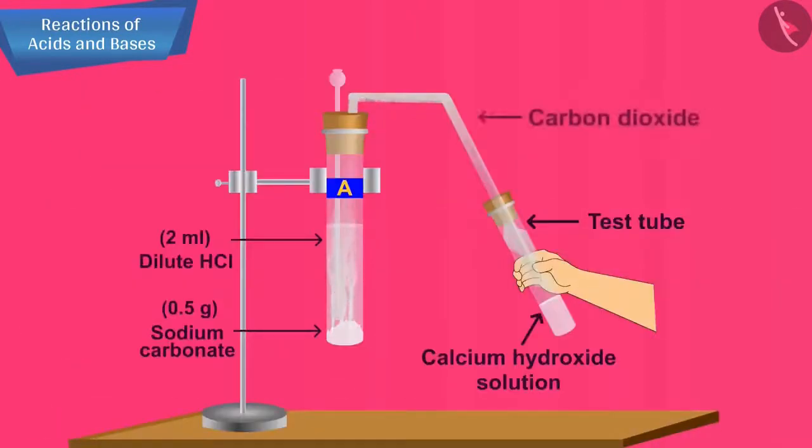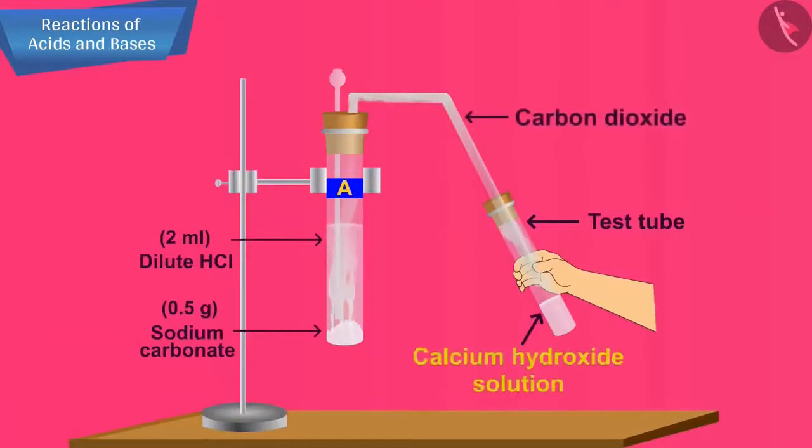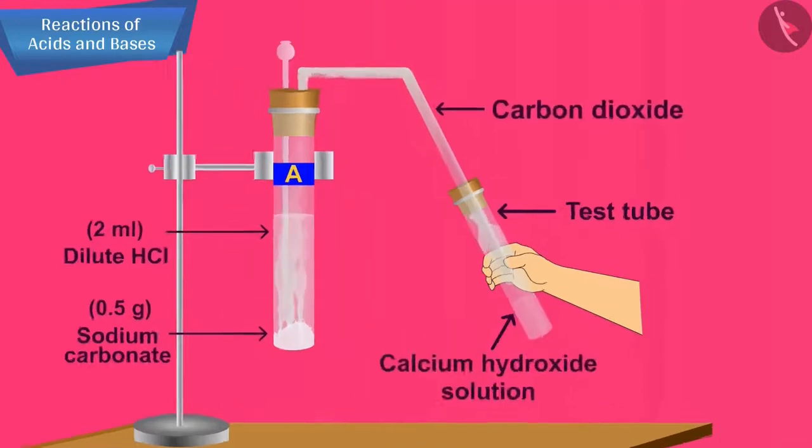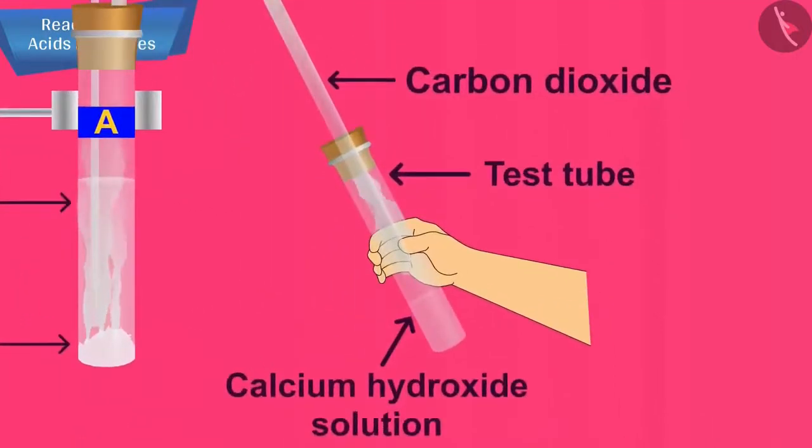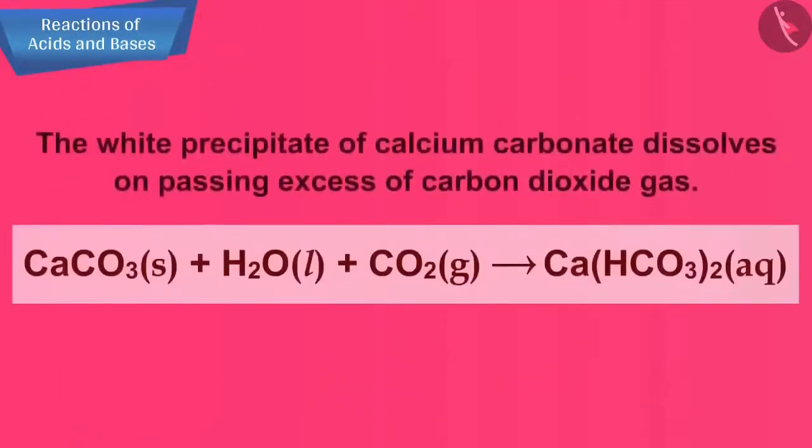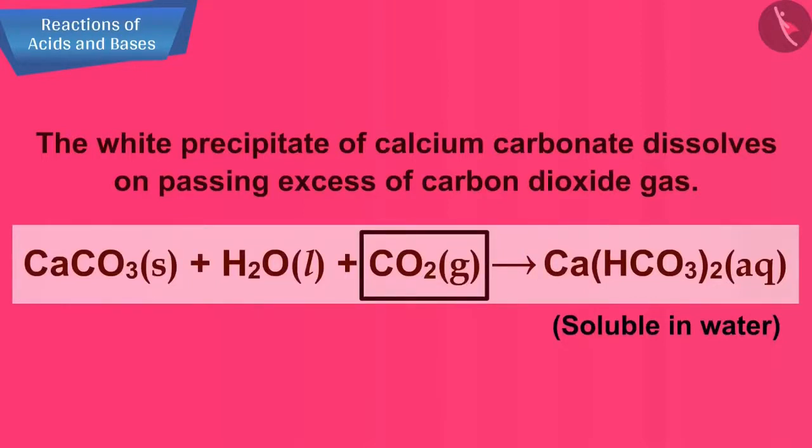Keep on passing the carbon dioxide through the milky lime water for some time. The lime water becomes clear again. This shows that the white precipitate of calcium carbonate dissolves on passing excess carbon dioxide gas.